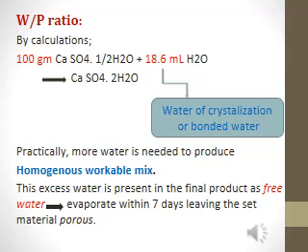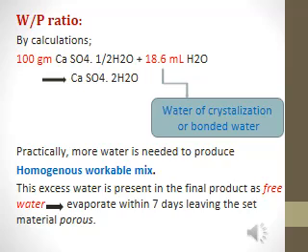This excess amount of water that I need to add to produce a homogeneous workable mix is present in the final cast or model as free water. So at the end of the reaction, the model will contain this excess water as free water, not bonded. Only 18.6 milliliter is bonded water, and the excess that I added is free.